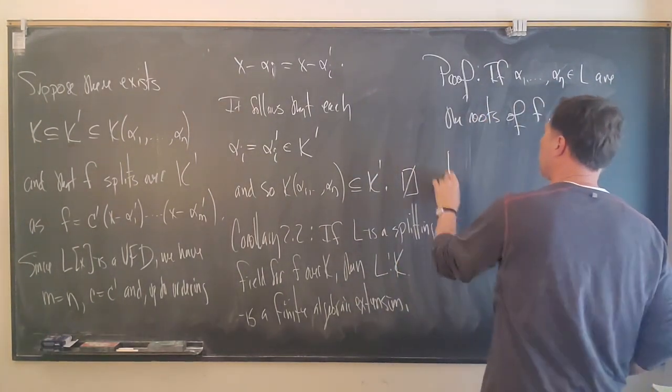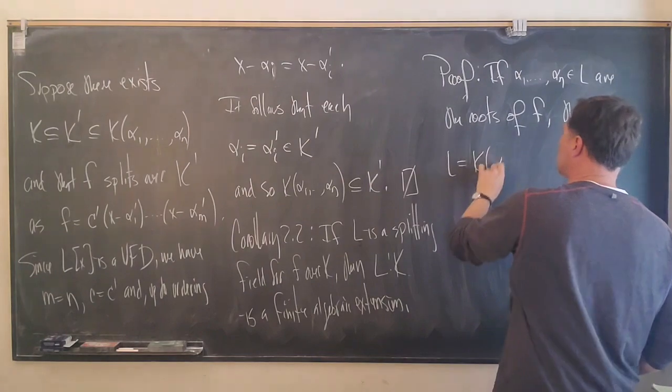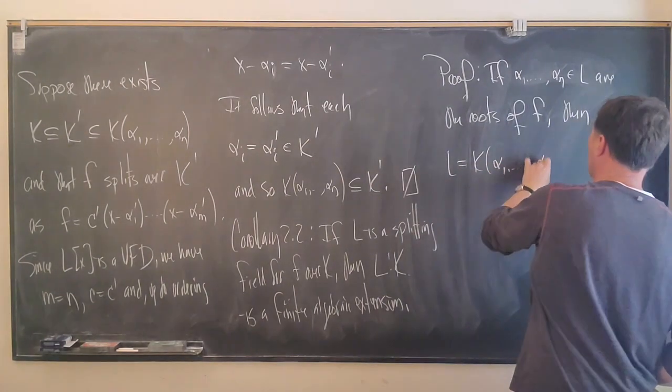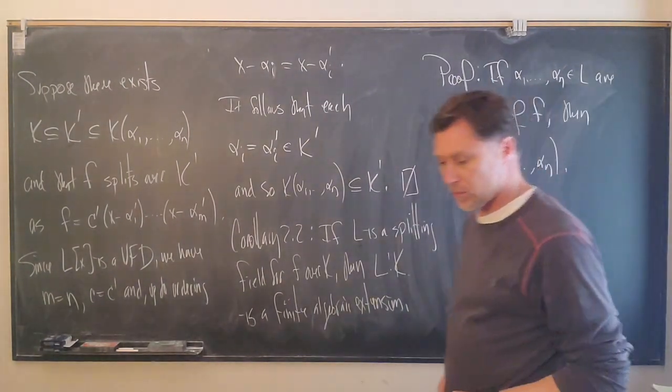So then L equals K adjoin alpha 1 up through alpha n.